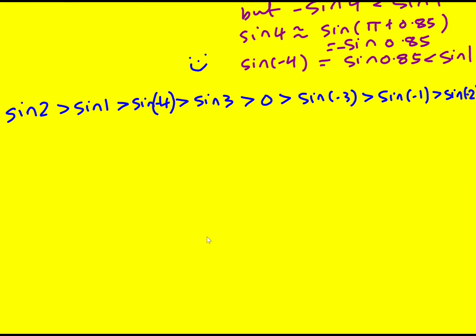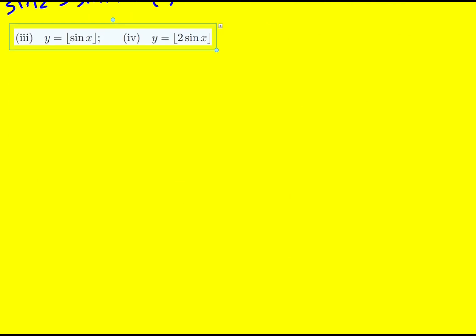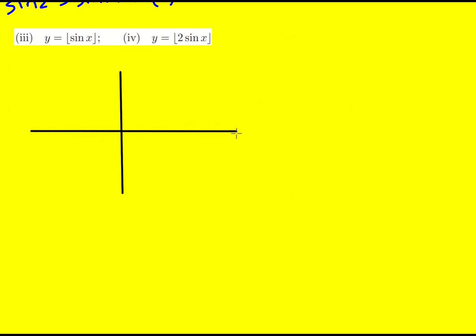Two to go. This is when we start applying the floor function to the entire function. Okay, so actually it's less about x being 1 and 2 and 3, and now more about what sine will equal. So let me draw a little sketch of sine.